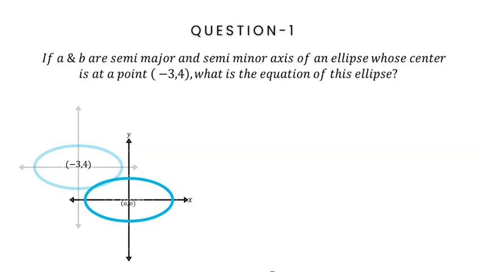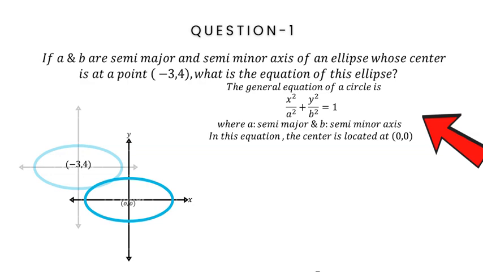The general equation of an ellipse is x squared by a squared plus y squared by b squared equals 1, where a is the length of the semi-major axis and b is the length of the semi-minor axis. In this equation, the center is located at the origin (0, 0).